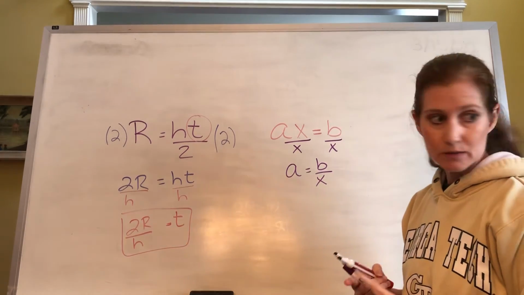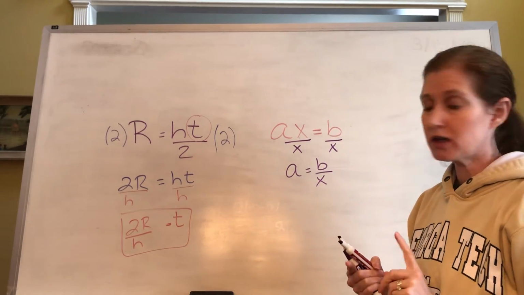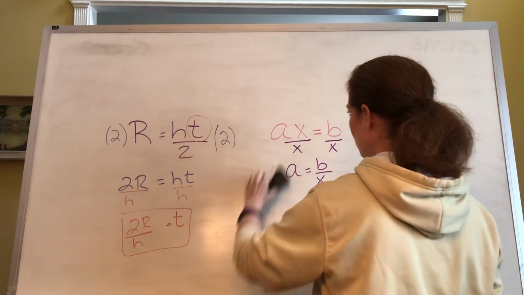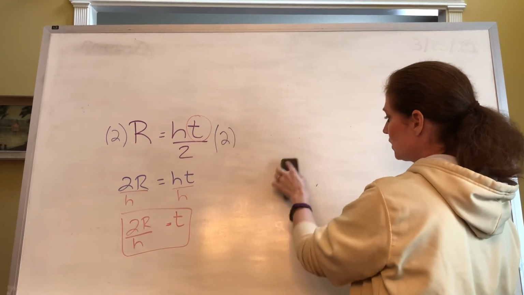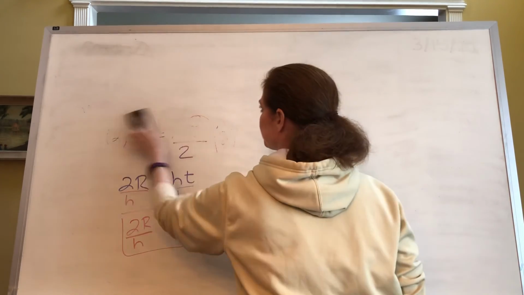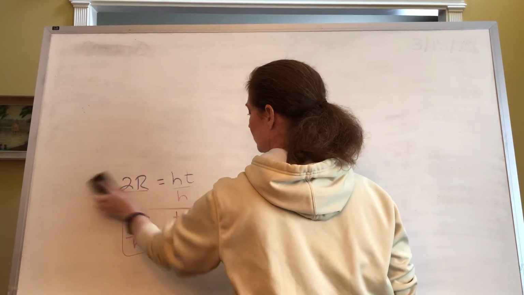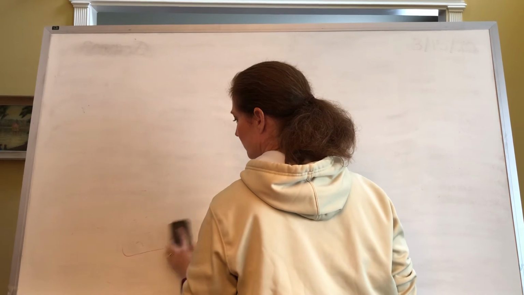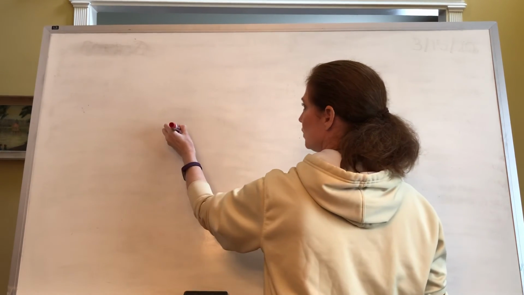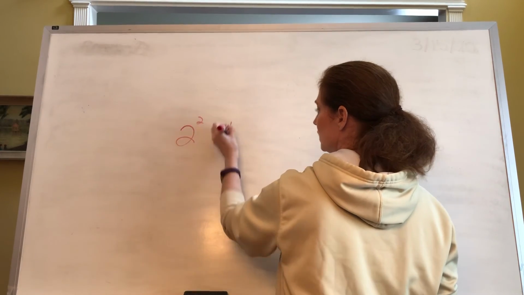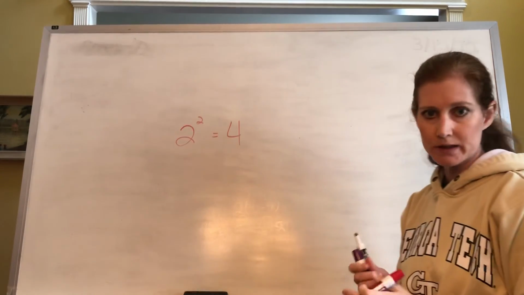The last part of this is talking about square roots. We've done this before, where we know that 2 squared is 4, right?